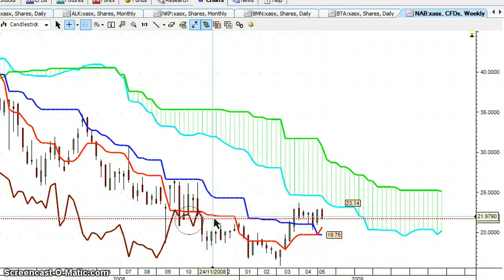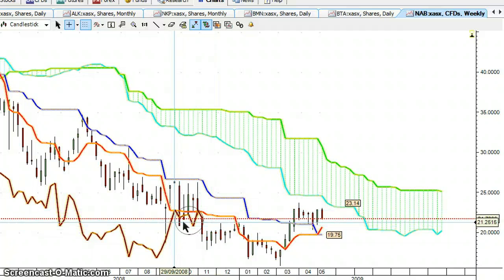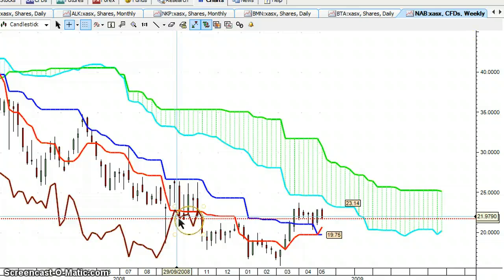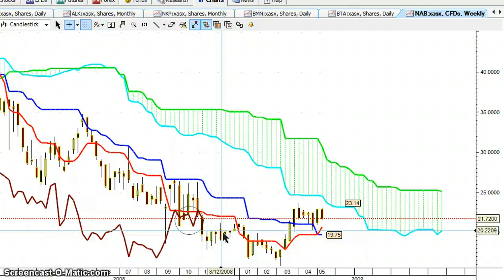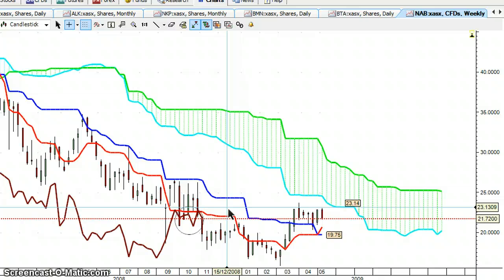From previously, I have charted this one, and I've put a circle here showing that there was resistance at the brown line. See how the brown line has not wanted to cross that red line. It is now sitting on top of that candle. The next group of candles are lower. Brown has not got above the red line.